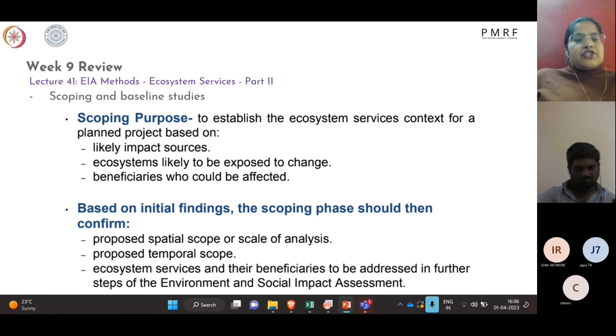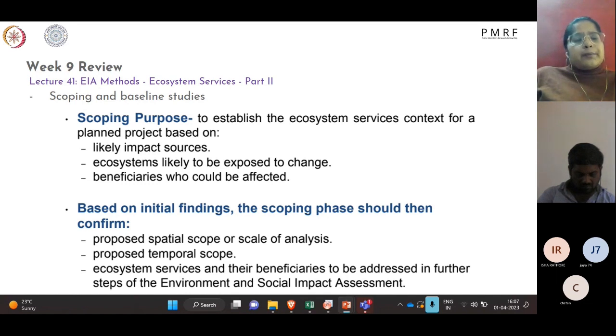And if any of the beneficiaries of the ecosystem services, that is, people who receive these ecosystem services, are being affected, then also you need to do the ESR. And then based on these initial findings, you decide that the scoping phase should confirm the proposed spatial scope or scale of analysis and the temporal scope, that is, space-wise what changes are being done and what changes are being done in an overall context.